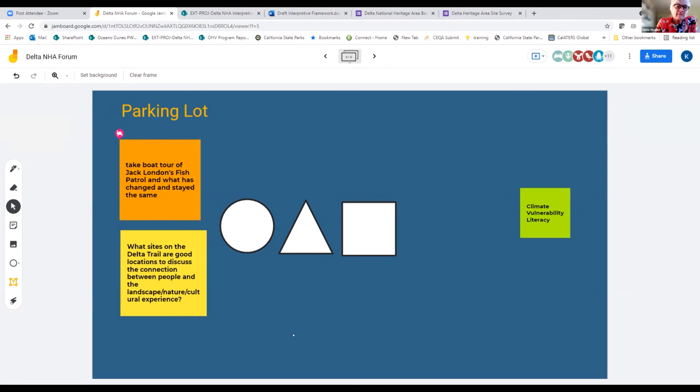Yeah, I mean, that's kind of an implementation tool. I think that the challenge at this point is to take the many stories and places in the Delta. I mean, if anything, this heritage area has an embarrassment of riches in terms of the really interesting stories it has and the places you can go.